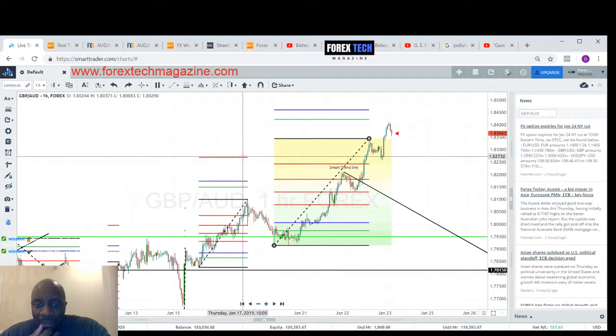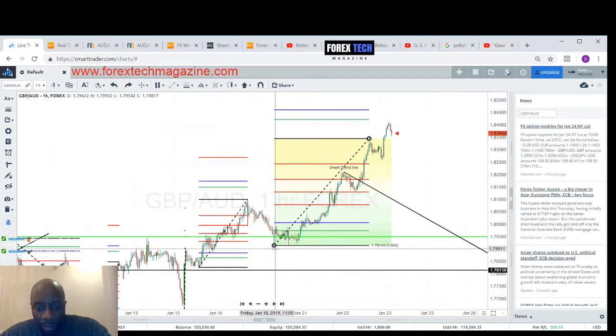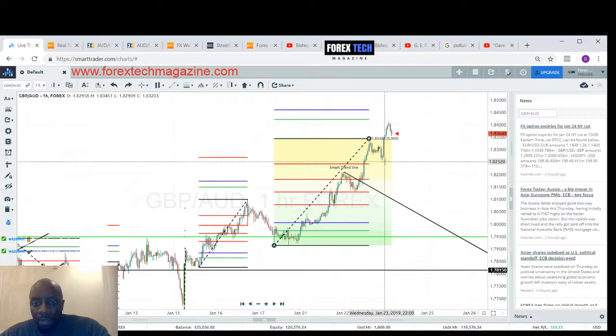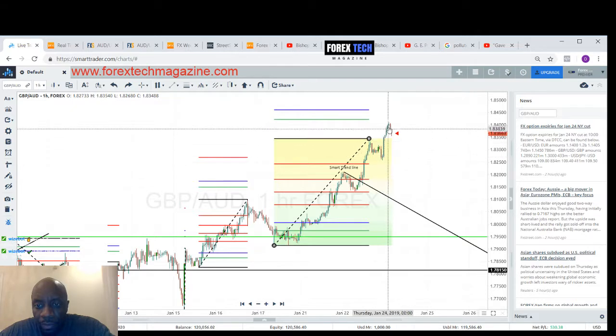and now it goes back to where our C was at, and that C becomes our A, and the swing high at or past that D now becomes our B, and now the market is looking for its C, which very well could be here. Could be here. We'll see.